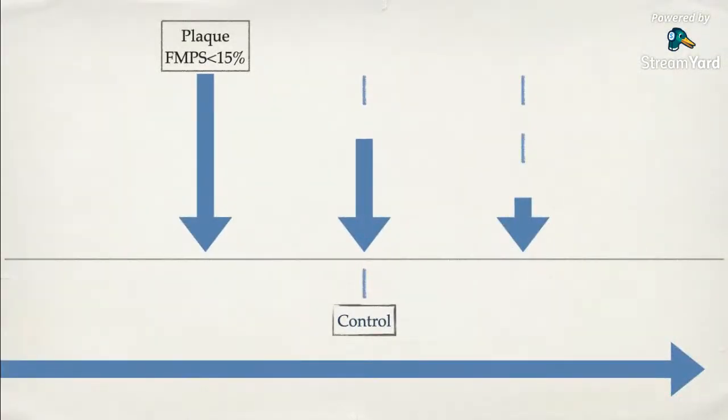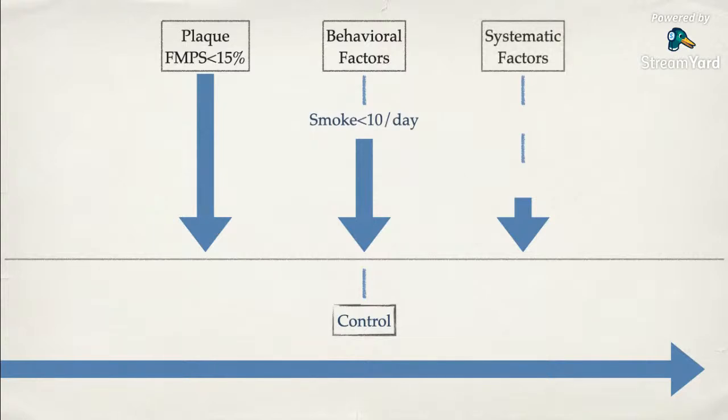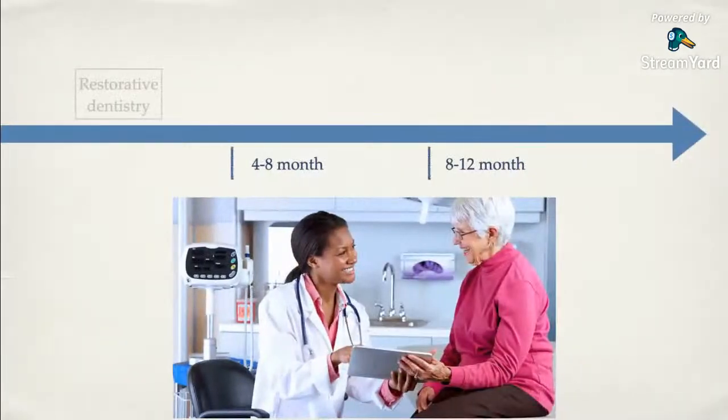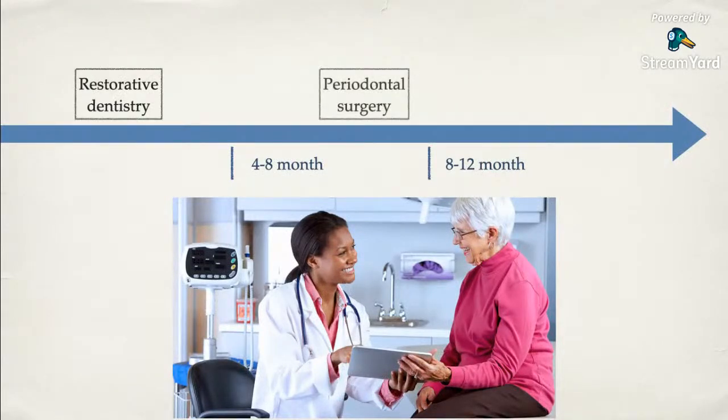And please first check the plaque score, the behavioral factors like smoking, and the systemic factors like stress or diabetes. If they are controlled, go to restorative surgery or periodontal surgery, non-regeneration.